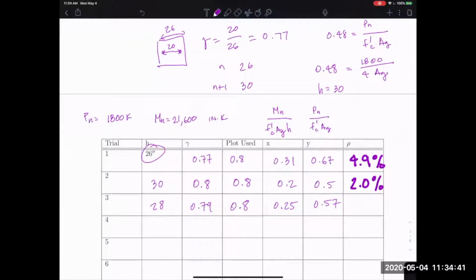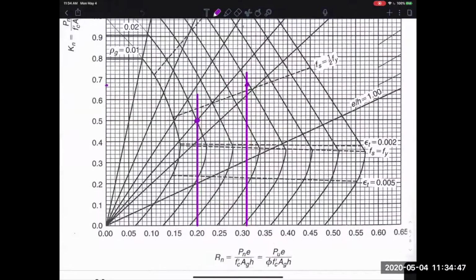We're looking for 0.25 and 0.57. Oops, a little crooked. Let me redo that. 0.25 and 0.57 right there. That looks like 3.3%.